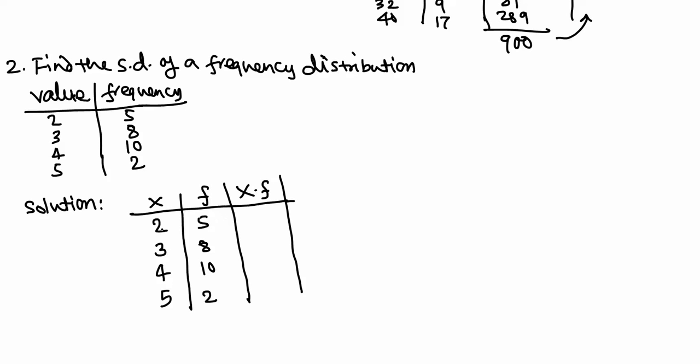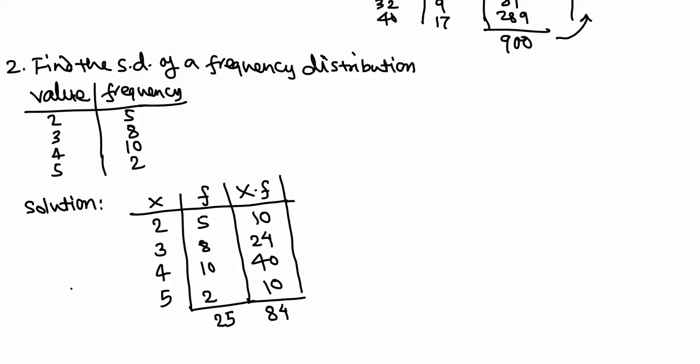So 2 times 5 is 10, 3 times 8 is 24, 4 times 10 is 40, 5 times 2 is 10. Now we sum these numbers, that's 84, and we divide by the sum of the frequencies, 25. When we divide 84 by 25, we get the mean of this frequency distribution.